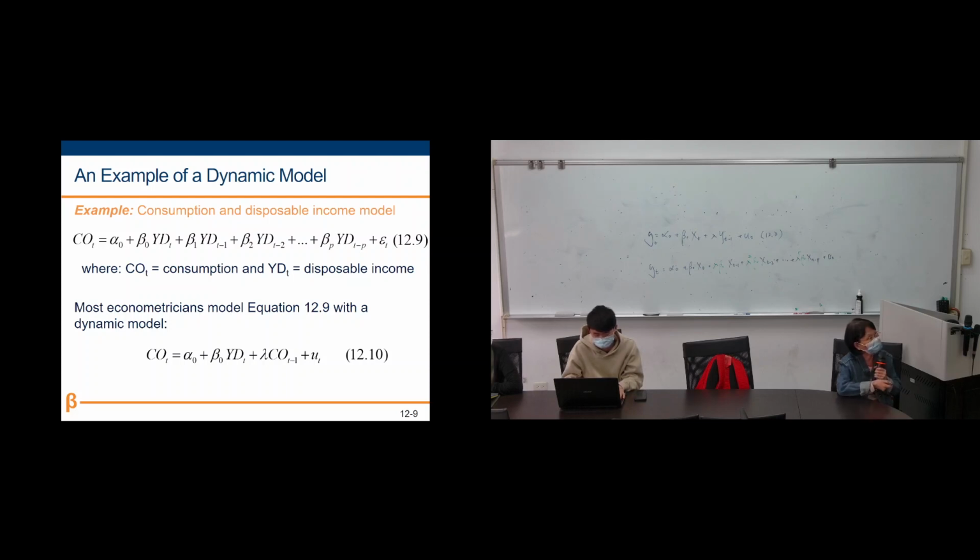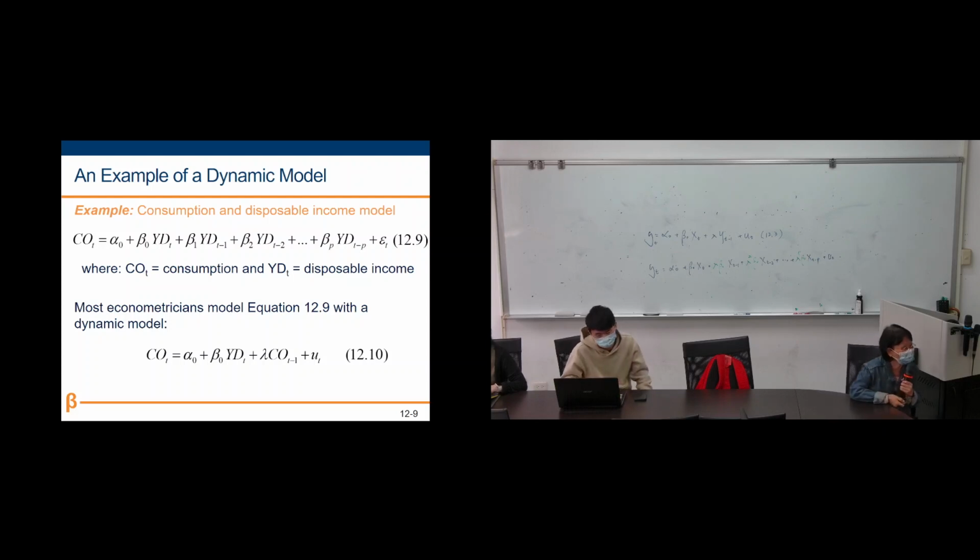Since we know that 12.9 is a distributed lag model, it can be expressed as a dynamic model. So the most common econometric form of equation 12.9 as a dynamic model is like this one.